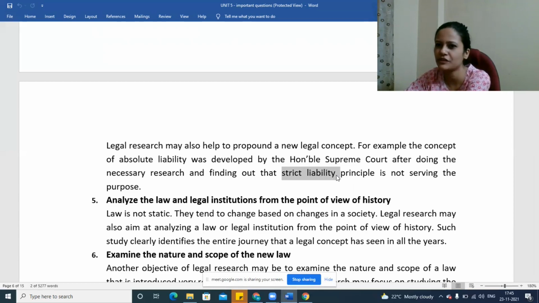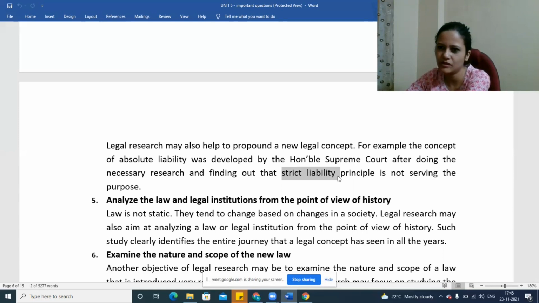Usually for drugs, alcohol, and all the materials which are harmful, we have legislation, like some Cigarette Act, this act, that act. Strict liability is mainly applicable for things like driving, causing accidents, drunken driving.